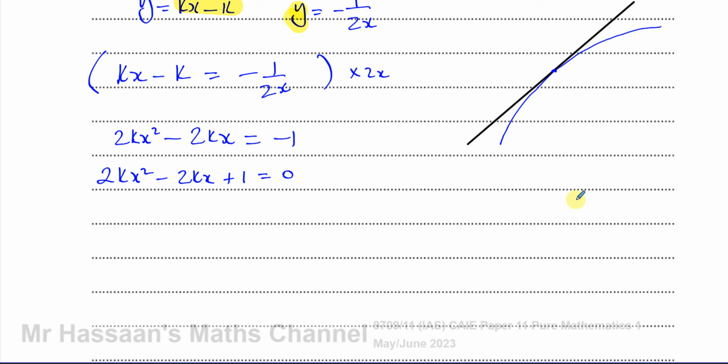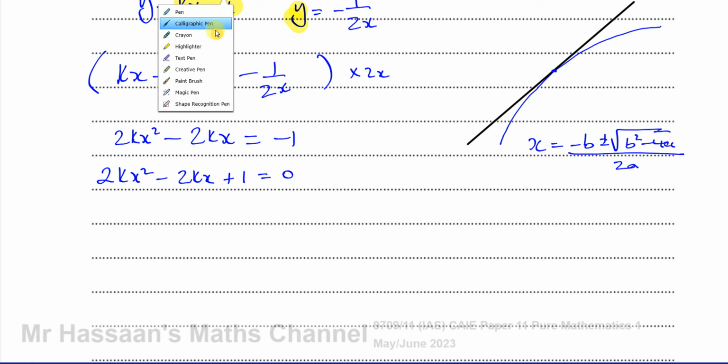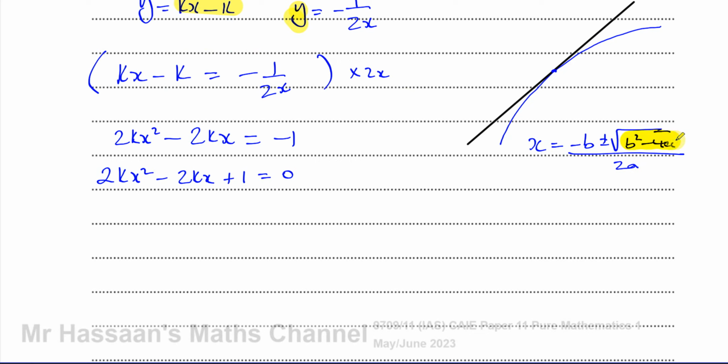Now, what is it that determines whether a quadratic equation like this has one solution or two solutions or no solutions? Well, if we look at the quadratic formula, x equals minus b plus or minus the square root of b squared minus 4ac all over 2a. This is the part of the quadratic formula which helps us to discriminate between how many solutions there are going to be.